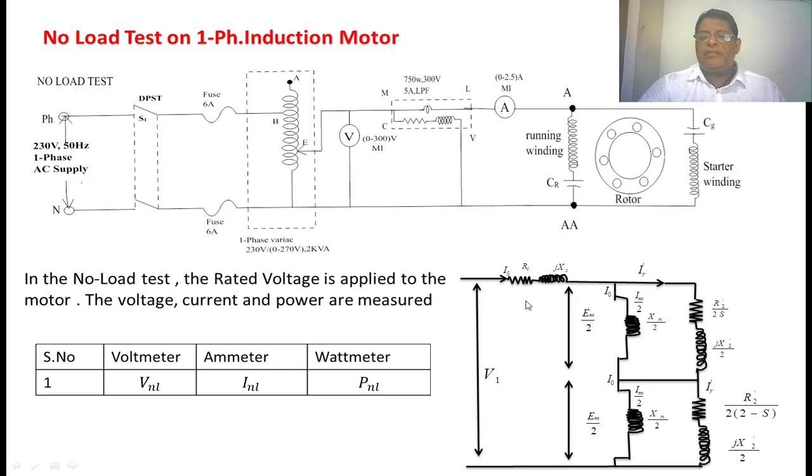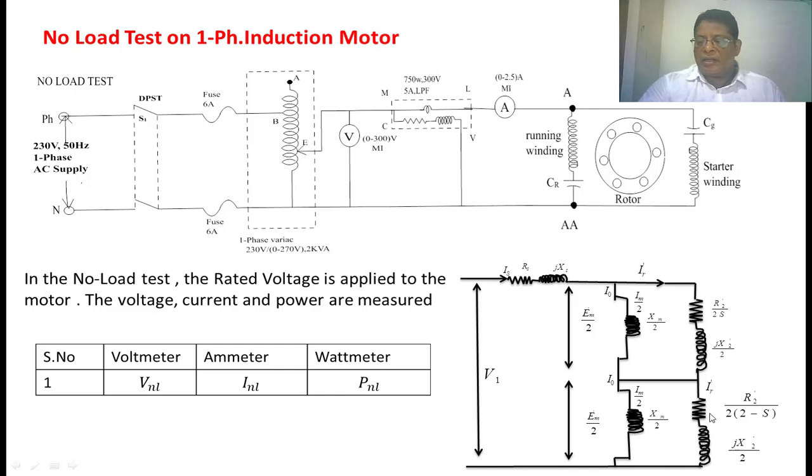Again, we take the approximate equivalent circuit of the induction motor, where we neglect the core loss resistance. Now we develop the equivalent circuit during the no-load test, where the slip is very small. For the resistance R2 dash by 2s, since s is very small, this value is very high, so the impedance of this branch is very high, and it is in parallel with a small value. So the resultant value becomes Xm by 2.